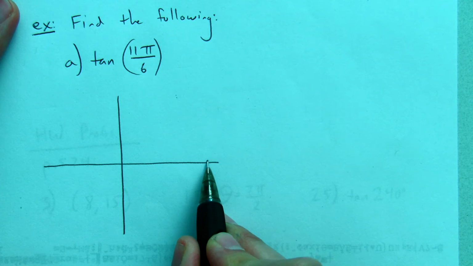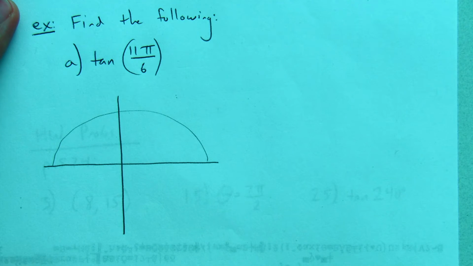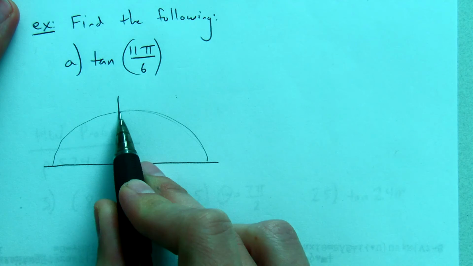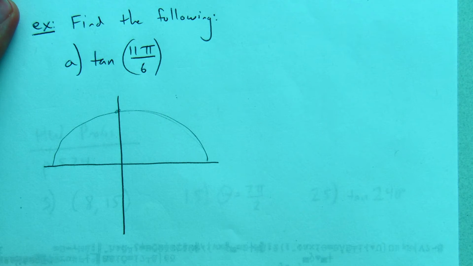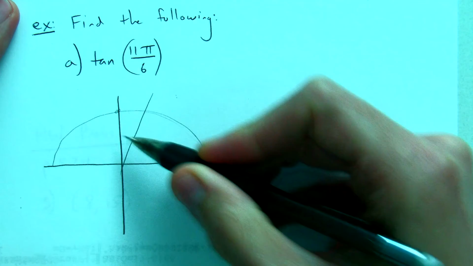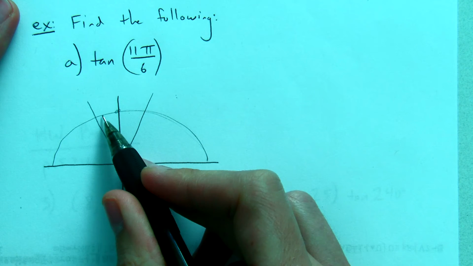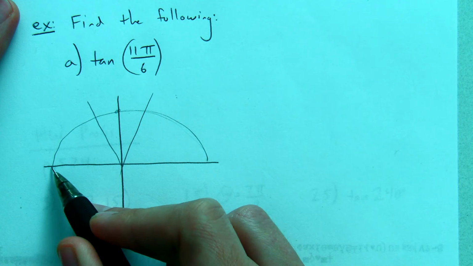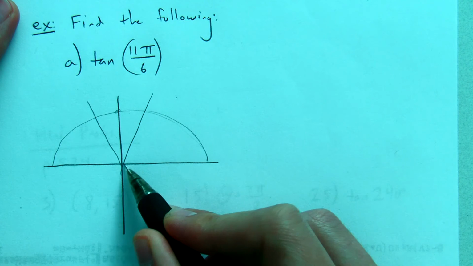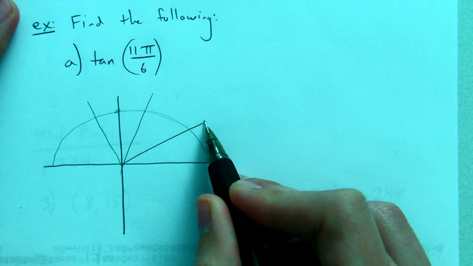So here's pi, right? This is half of pi. This is 1/3 of pi, 2/3 of pi, 3/3 of pi, which brings me to a full pi. So half of a third is 1/6 of pi.